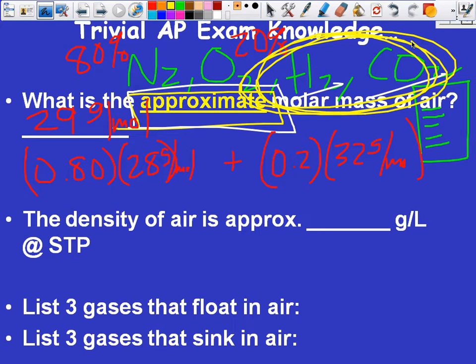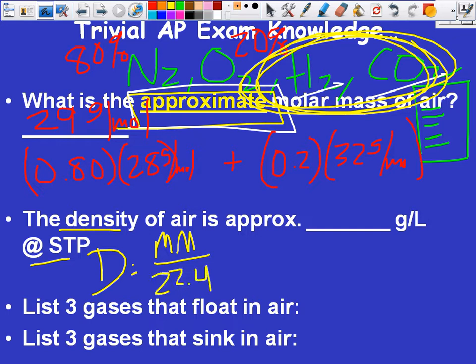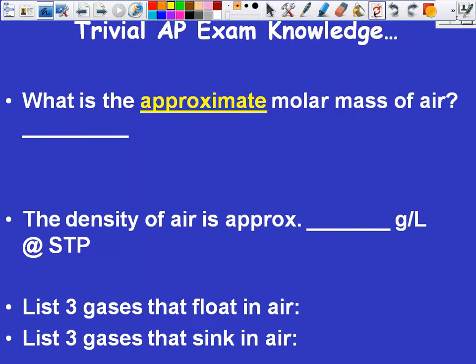All right, now knowing an approximate molar mass, we can then find the density. What do we know about density? Remember, at STP, the density is the molar mass divided by 22.4. We can go back and look at the previous slide if you didn't remember that. Or you could look at it this way. You have 29 grams per mole, and I want to make it logical.